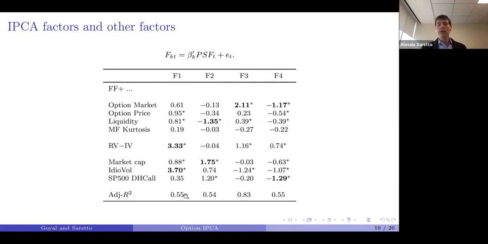One thing you notice is that the R-squares are high, but they're not 1. So the IPCA factor contains a lot of stuff orthogonal to this other set of factors. And maybe the harder question now is, if you're writing down a risk factor model, it has to be related to some aggregate risk.